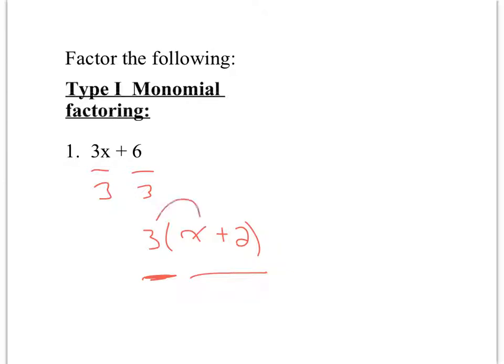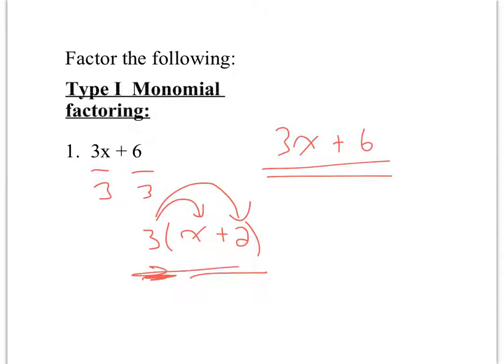If I were to distribute this 3 back through x plus 2, 3 times x is 3x, and 3 times 2 is 6. Notice when I distribute my 3, I'm back to my original expression. This right here is called the multiplied form or the product form of my binomial. This is my factored form of my binomial, 3 times (x plus 2).